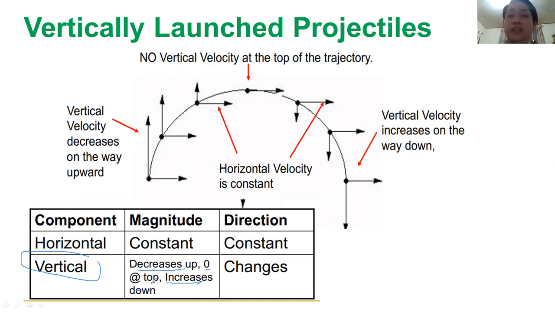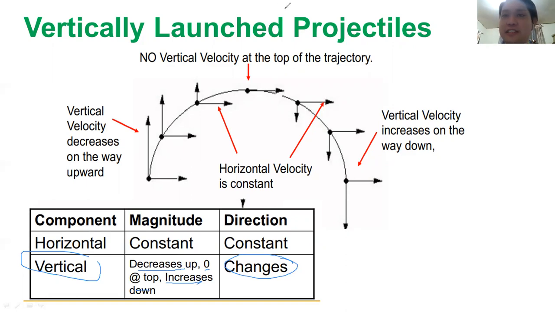So no vertical velocity at the top of the trajectory. And for the direction, in the vertical component, the direction changes. So do not forget that one. We can summarize it in that way.